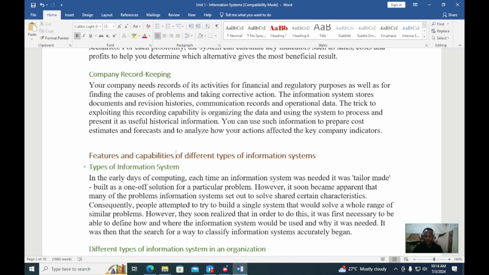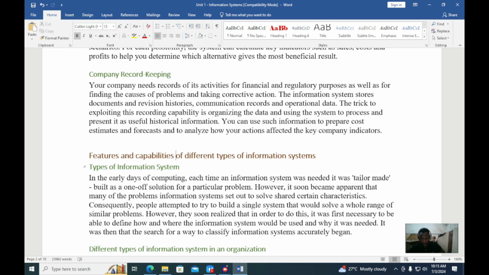So you need to make sure that you're exploiting the recording capability in that particular organization, and use the system to make sure you have some useful historical information about maybe an incident or a decision.